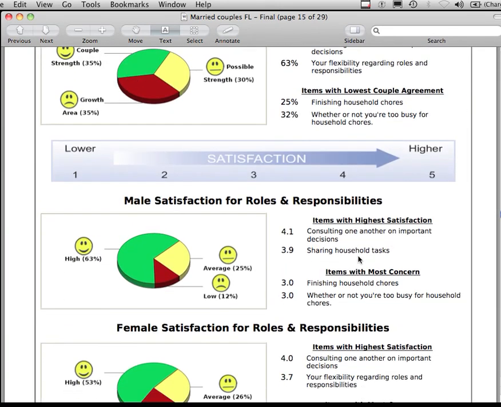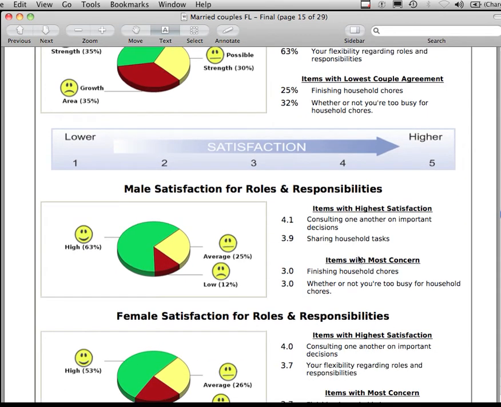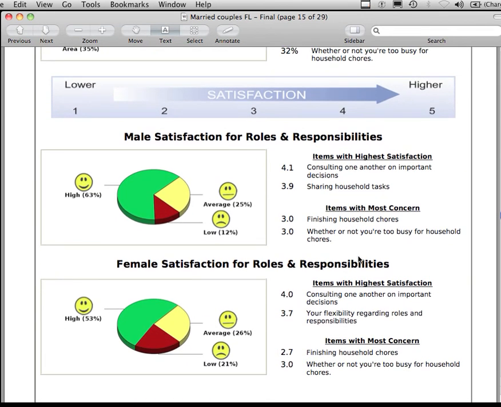Roles and responsibilities, again, busy, stressed people. You can see what the men and women were saying. They had the same concerns, whether or not you're too busy for household chores and finishing household chores. Just getting stuff done is hard. The men felt okay about how they consult one another on important decisions.